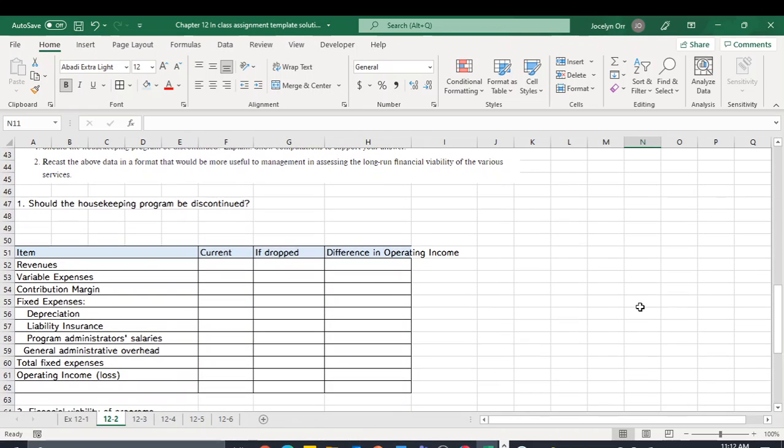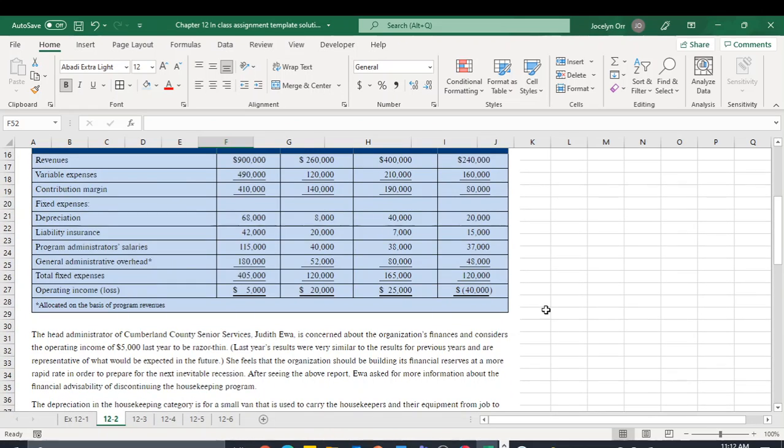And the way that we're going to determine this is by doing an incremental analysis between our current situation and the alternative of dropping that segment. Okay? So we're going to look at the chart up above in order to write down our current situation.